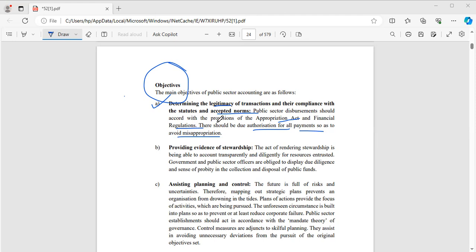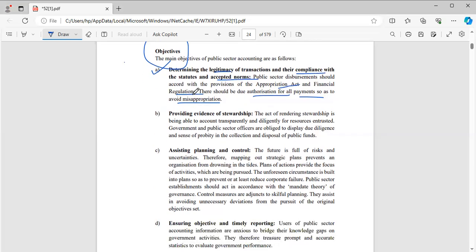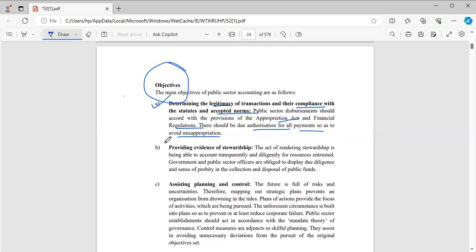The same way your private sector accounting is governed by standards, IAS and IFRS, public sector accounting is also governed by the Constitution of the Federal Republic of Nigeria and every other constitution. So everything that is being done must be done in accordance with these laws. That is why we say to determine the legitimacy of transactions and their compliance with statute, that is laws, and accepted norms.